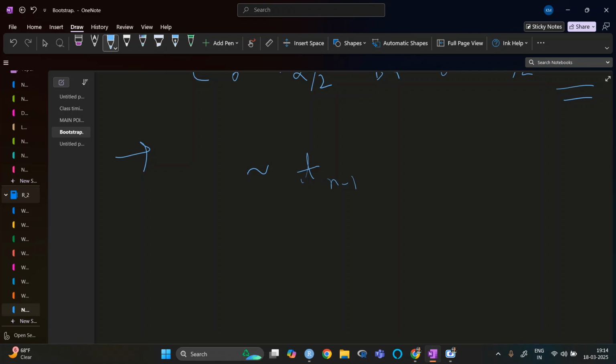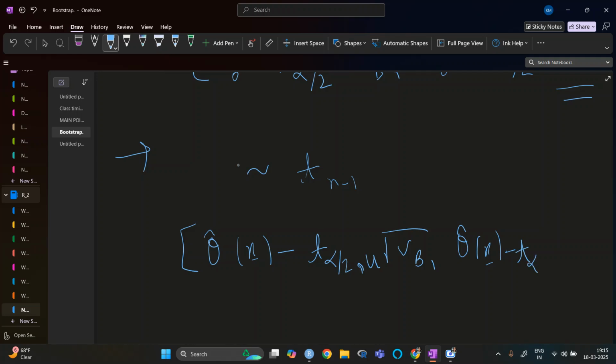So it will be theta cap minus t alpha by 2 u under root of VB, comma, theta cap plus t alpha by 2 u under root of VB.